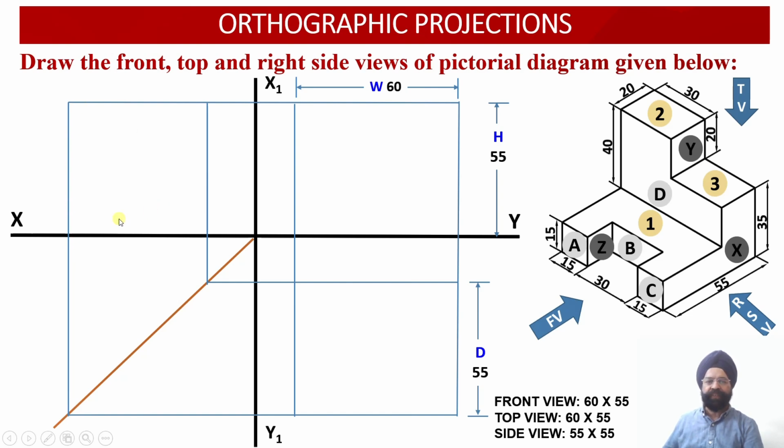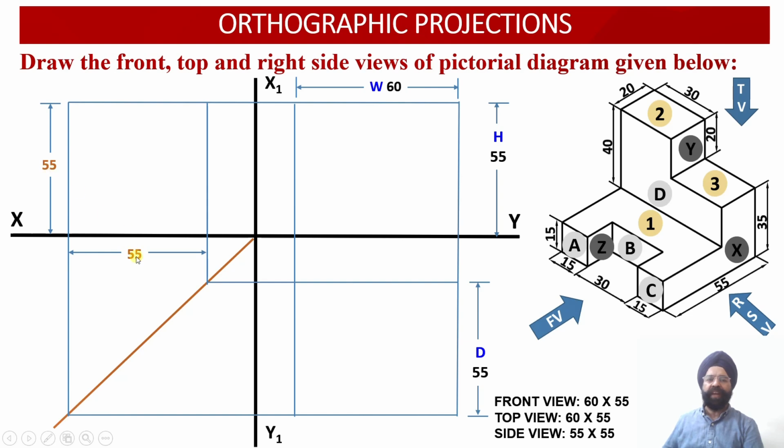So in the right hand side view, this is the depth which has been transferred. This depth is equal to 55 millimeter. And the height, coming from the front view, is equal to 55.